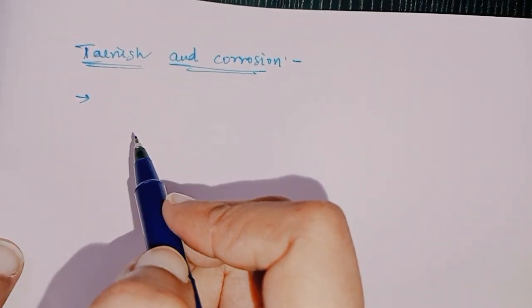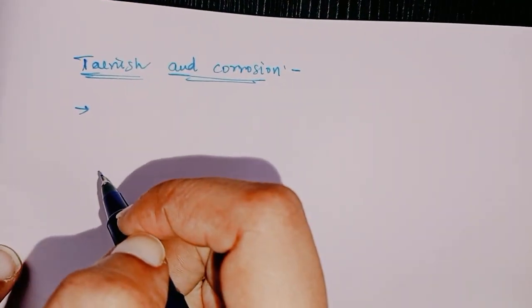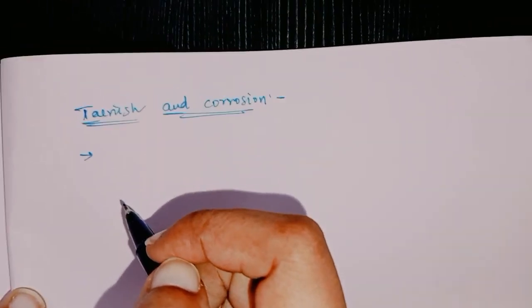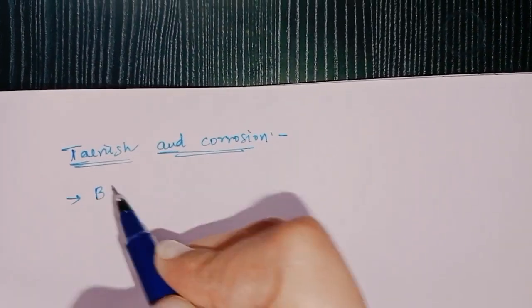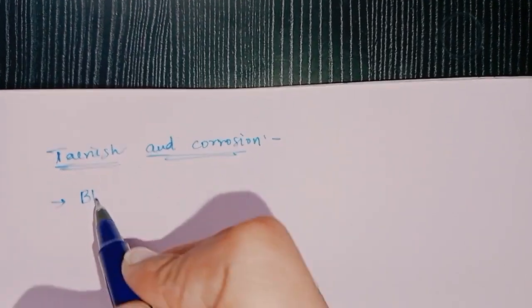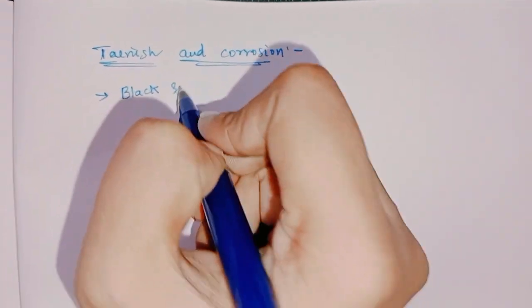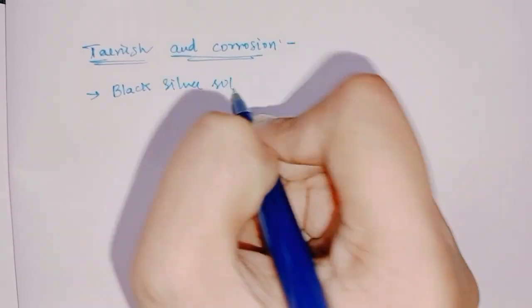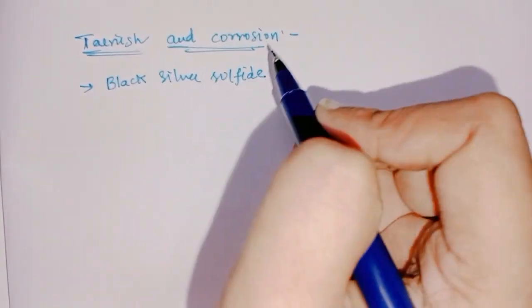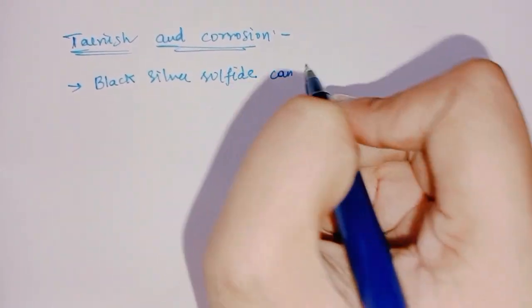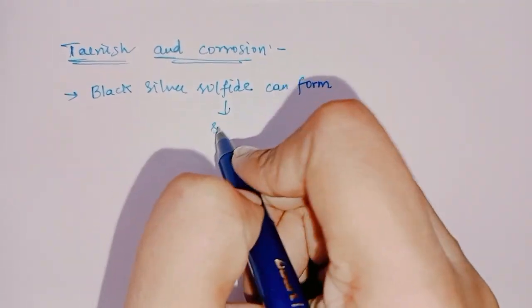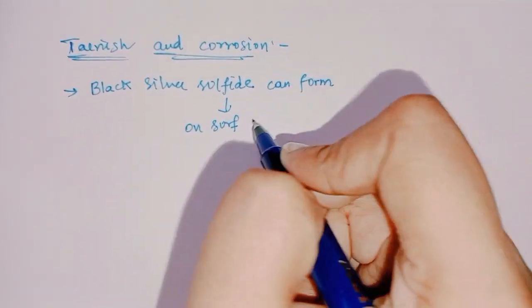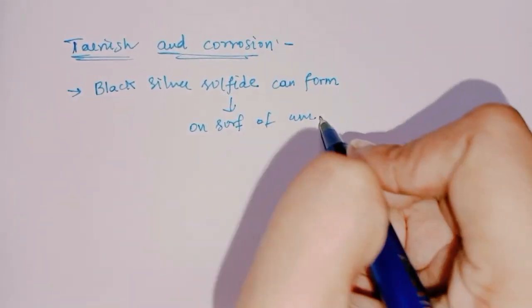As tarnish and corrosion occur, black silver sulfide can form on the surface of amalgam restorations in some patients.